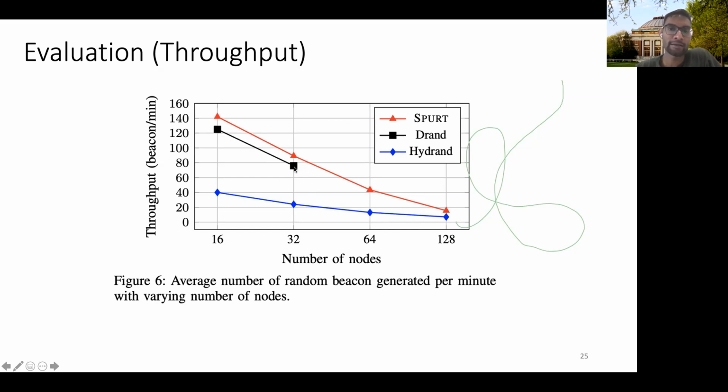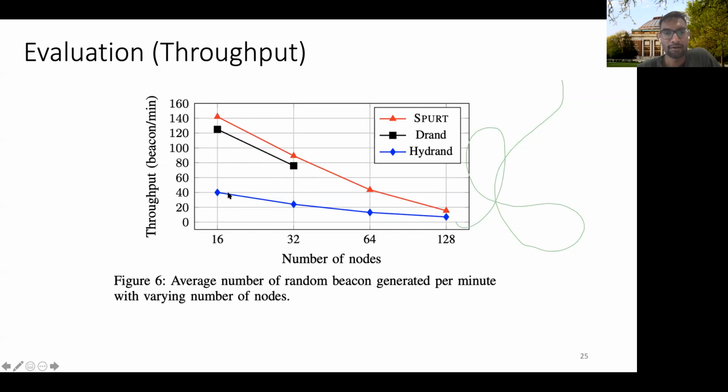Currently DRAND wants to generate one beacon every 30 seconds, so the estimate for delta is very large for them. That's okay because they want one beacon every 30 seconds. But for our comparison, we try to aggressively reduce this delta as best as we could, and then took this performance. So we see slightly lower than SPURT, but we believe it can be optimized.